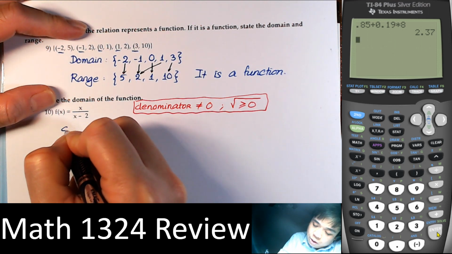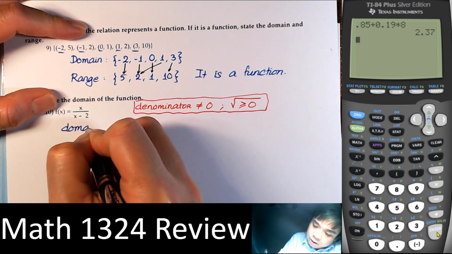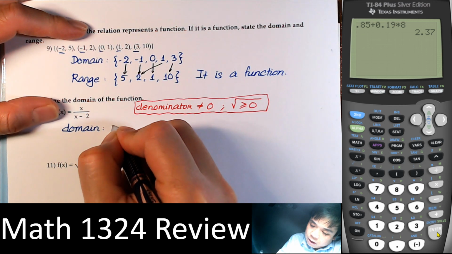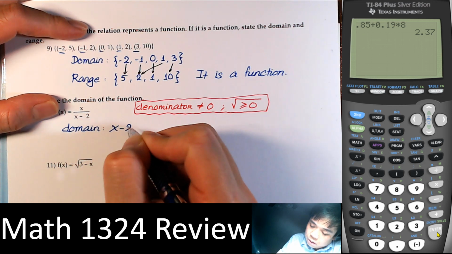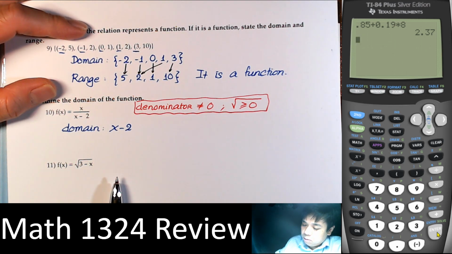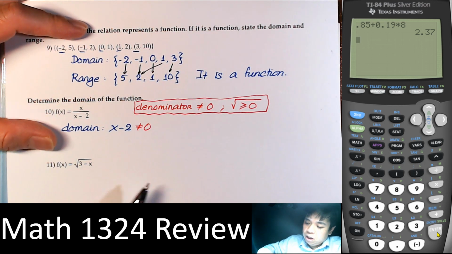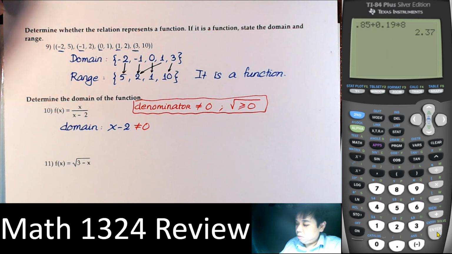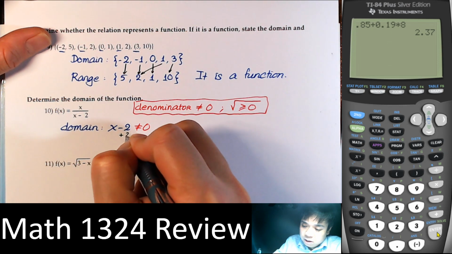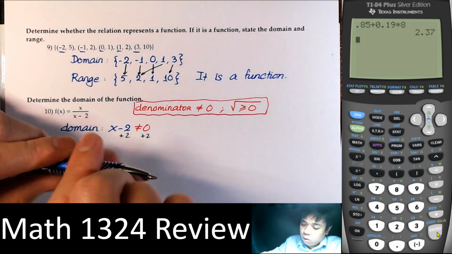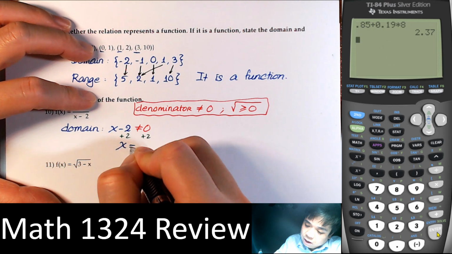So the domain: x minus 2 has to be not equal to 0, denominator not equal to 0, and we solve for x easily, plus 2 on both sides. We have x not equal to 2.